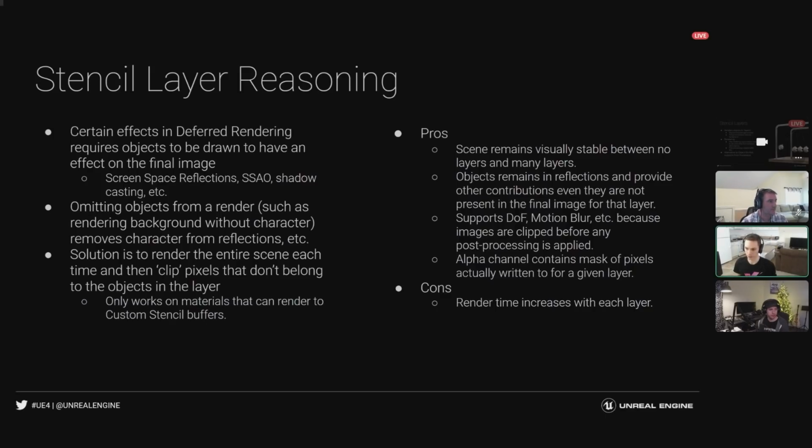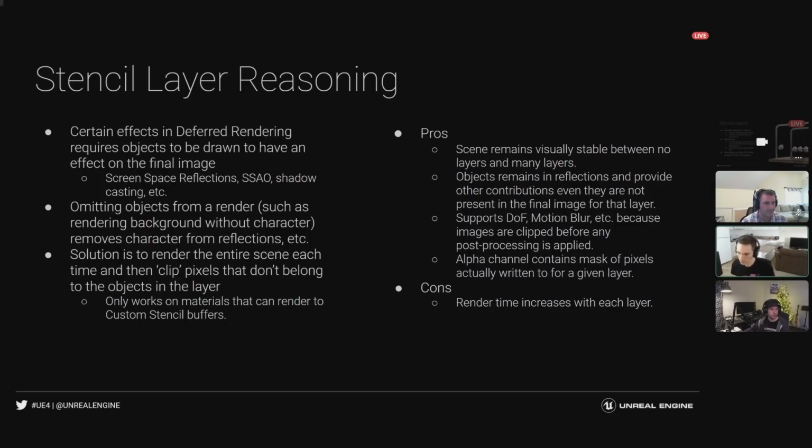So if you omit an object from the render, such as when you want to render the background without the character, and you just turn off the character, the character will disappear from reflections. It won't cast shadows, it won't receive shadows. That's going to give you a different look, and it's going to get very hard to put them back together, because you have the opposite problem when you render only the character: it won't receive shadows from things that aren't being drawn, like the background.